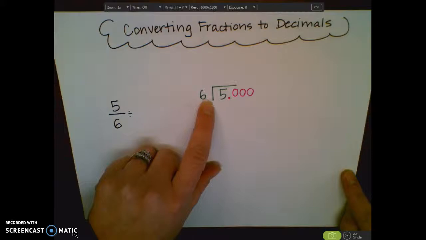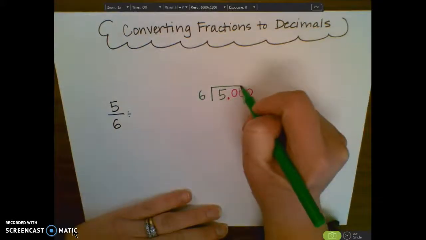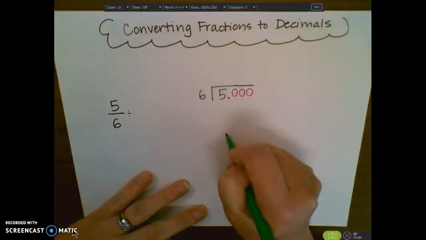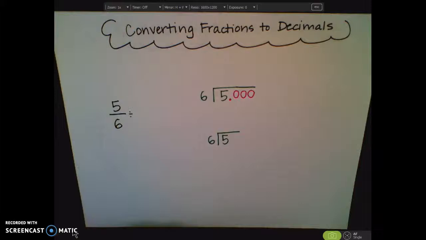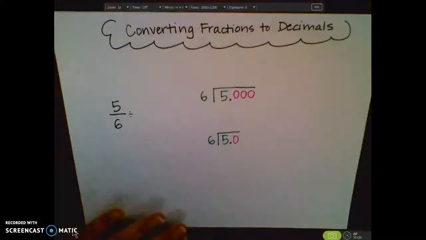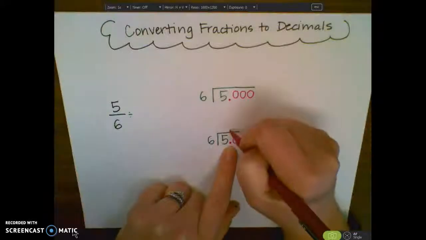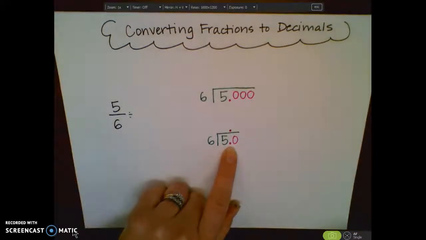So the way that I show this, so I can do some easy division, is to rewrite this to make it a little bit easier to talk about. When I add my 0.0, now I can think of this as 50. The first thing you want to do is bring your decimal straight up. So I've done that, and now I can start my division.